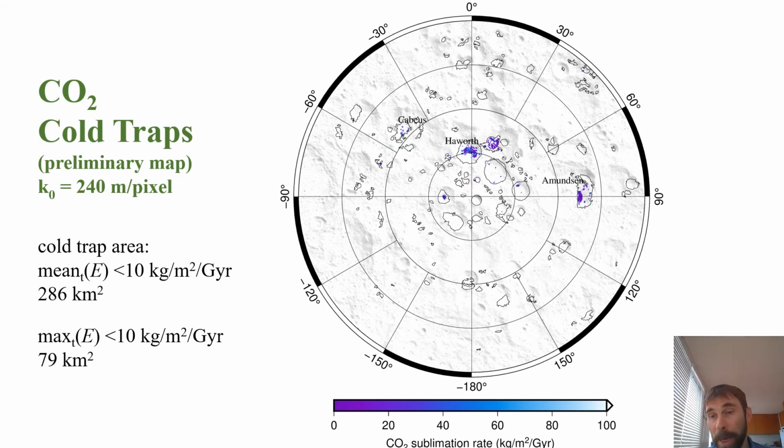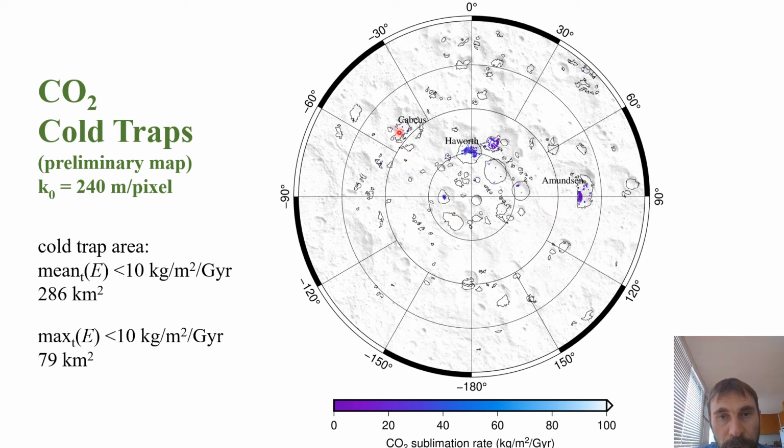Now here's a map of CO2 cold traps, a preliminary map. We're still fine-tuning the data processing pipeline. And what's shown here is areas with sublimation rates of 0 to 100 kilograms per square meter per gigayear. And there are coherent patches of CO2 cold traps, at Haworth, in this unnamed area between Haworth and Shoemaker, and at Amundsen.